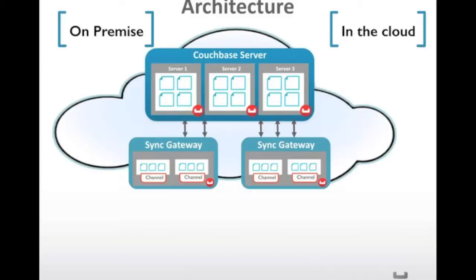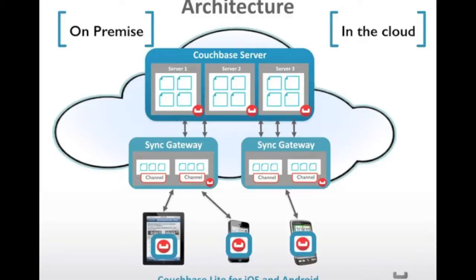So Couchbase Server is meant to be behind the firewall and only accessed by your application, whereas Sync Gateway is meant to be accessed directly by mobile devices running Couchbase Lite, and also by other API clients. So that should be the big picture of where Couchbase Lite fits in and what it can do.